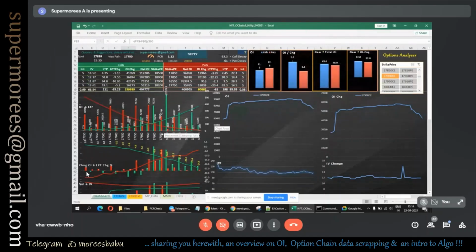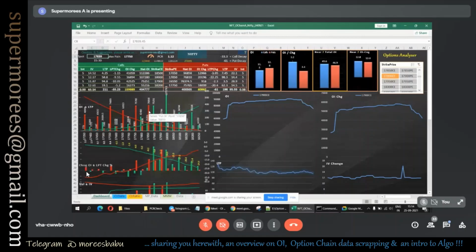Basically, if you look here, it is trading at around 17,840. So these are your at-the-money strike prices. This is the accumulation of all the open interest of the option chain.